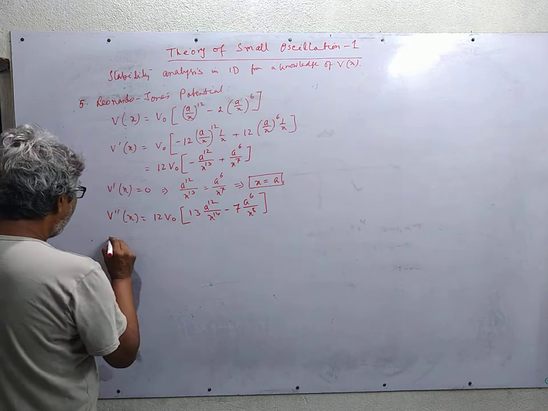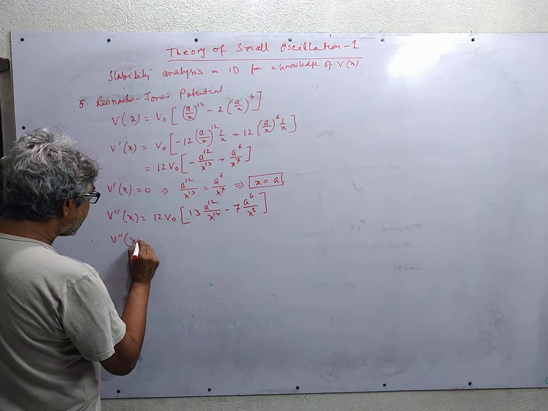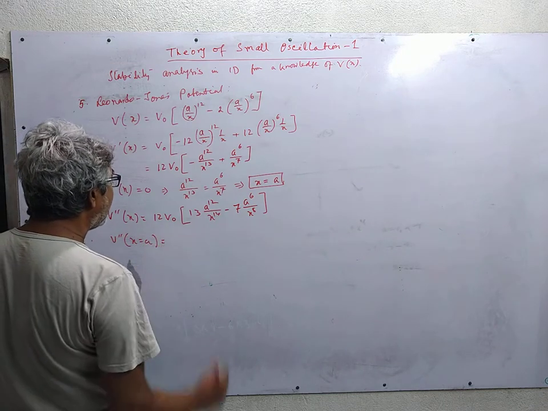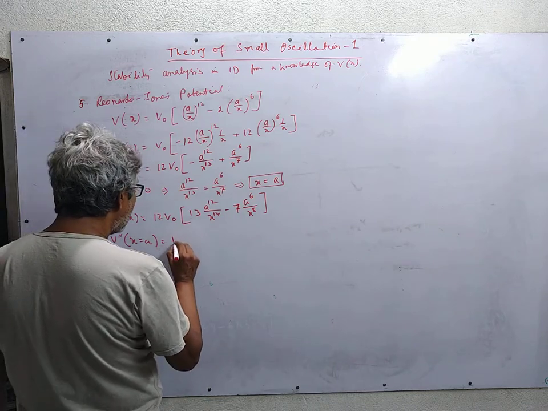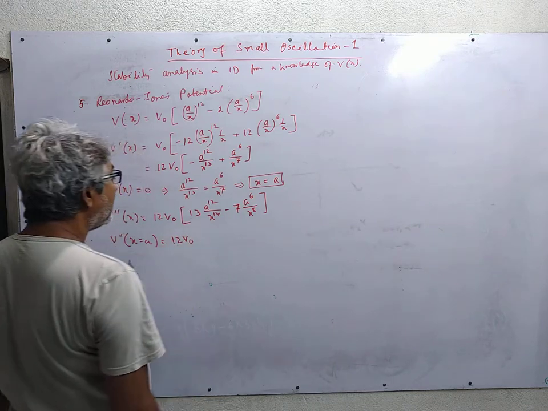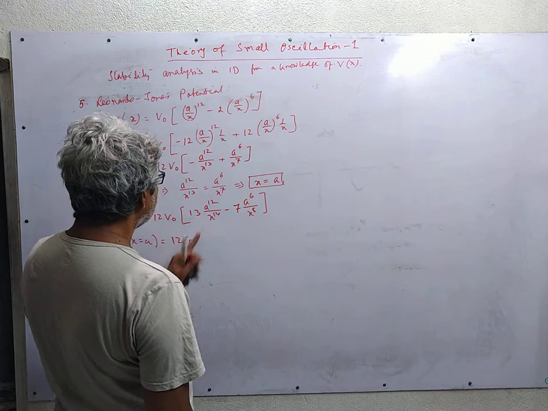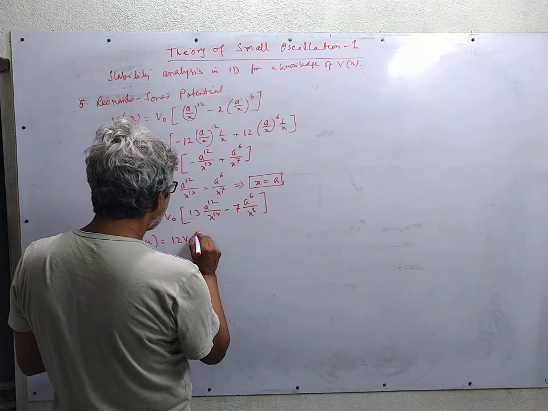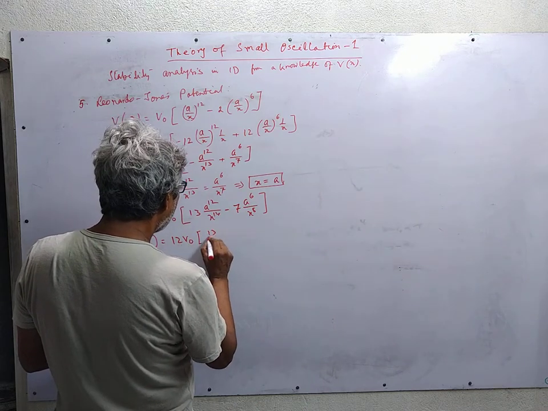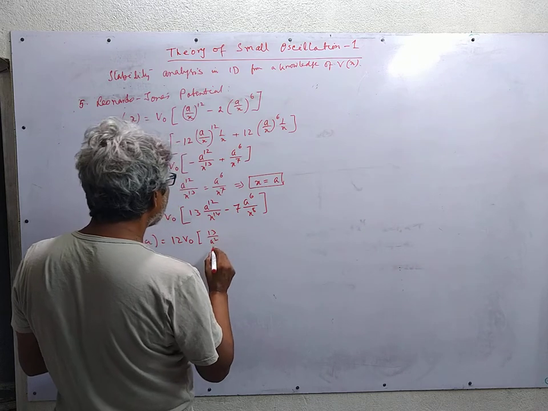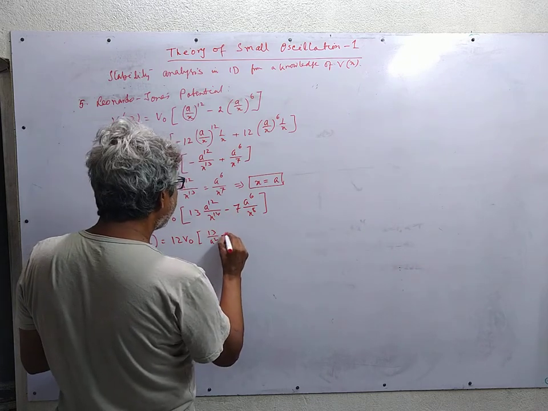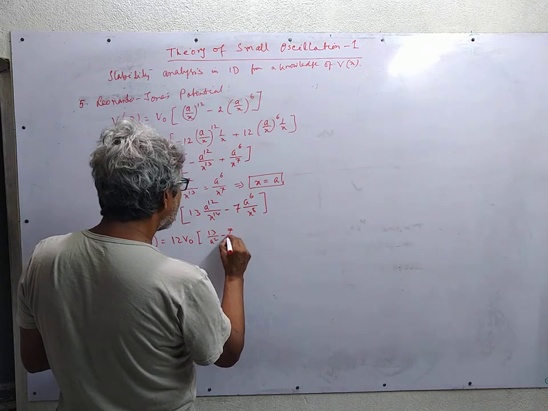Now, V double prime at x is equal to A is 12 V0 times 13 A square, and this is minus 7 A square.